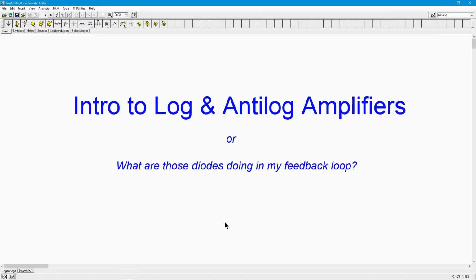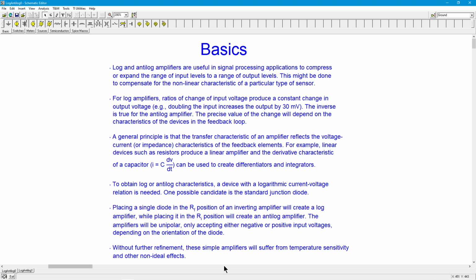Well, the answer to that query is you get log amplifiers or anti-log amplifiers. What's the deal? What is an anti-log amplifier? What's a log amplifier? Essentially, these are circuits that are used to either compress or expand the range of signal from something like a sensor.